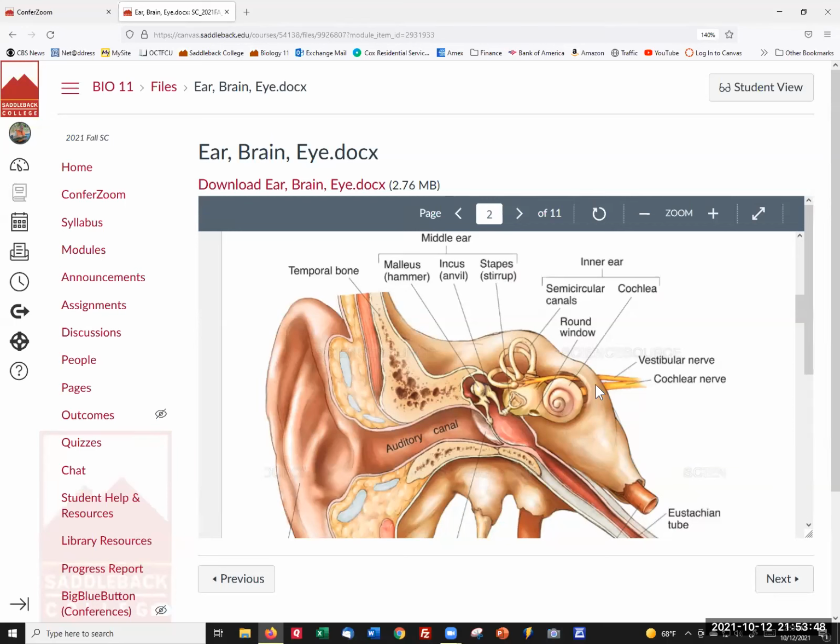From the cochlea, we have the cochlear nerve come out. From the vestibule, we have the vestibular nerve come out. These two join, and they make what's called the vestibulocochlear nerve, which is cranial nerve number 8.